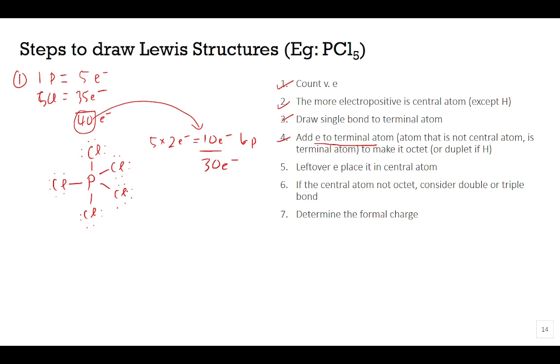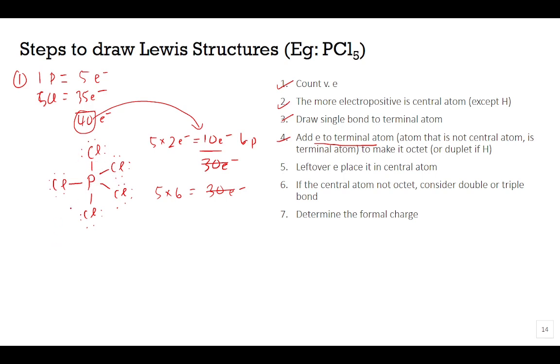Okay, so 6 electrons per Cl. So 5 times 6 equals 30, right? So now you have already used up all of the electrons on the terminals.